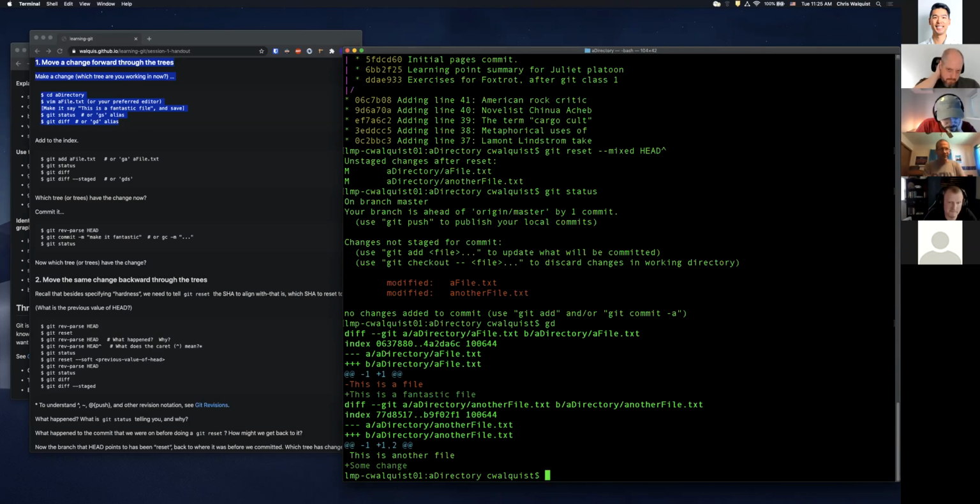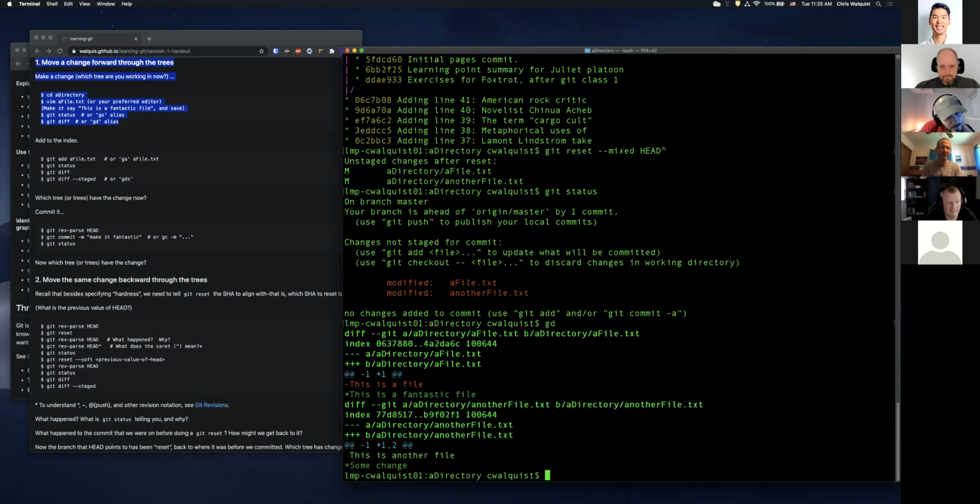So if you were going to implement the --amend, remember the one that we used to change the comment, what set of operations might that correspond to in terms of what we've looked at? Would it be just a soft reset? Yeah.